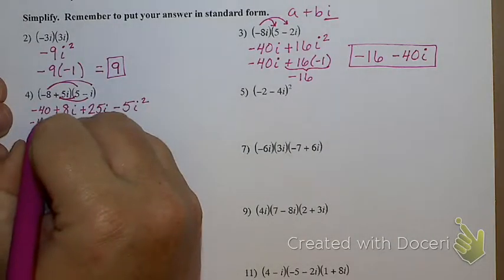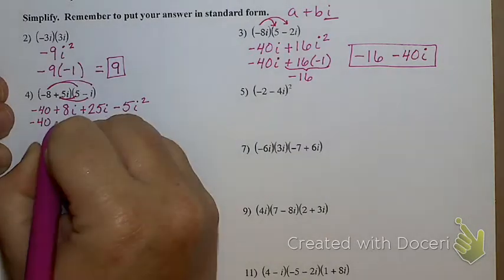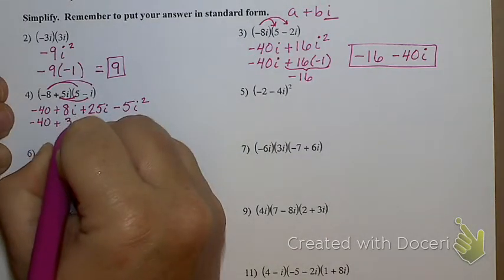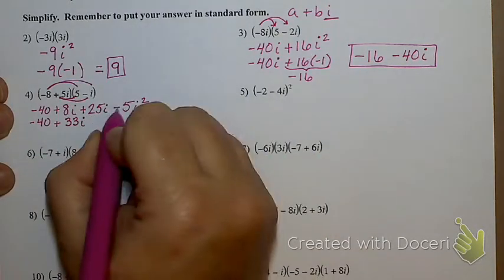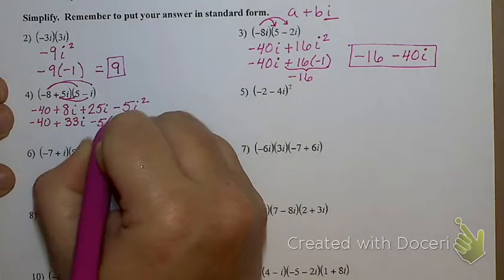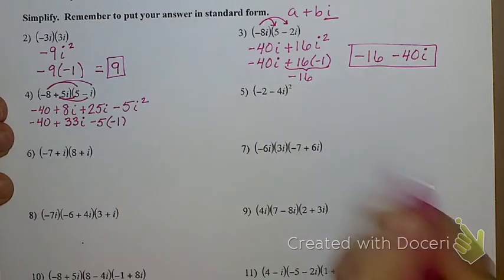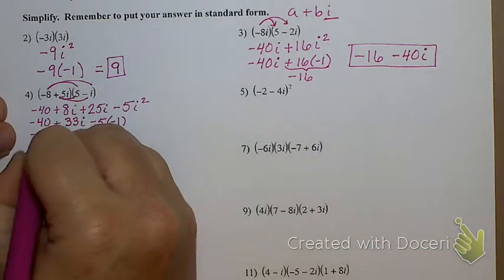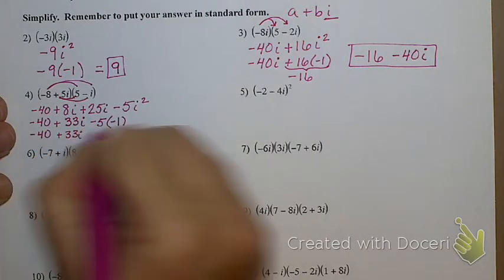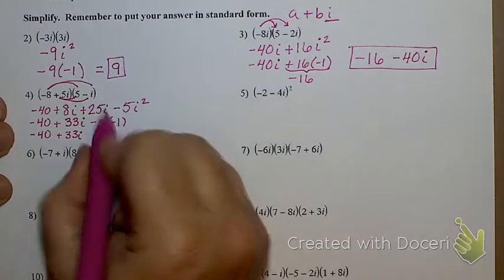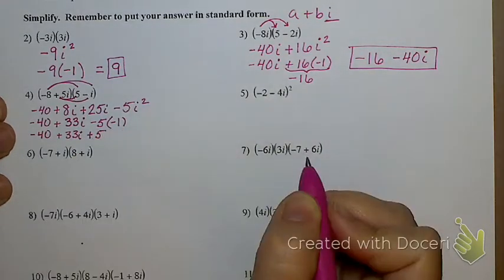So I'm going to do a couple things here. I've got to combine my like terms. What's 8i and 25i? 33i minus 5, and then instead of i squared, I put -1. So I have -40 plus 33i, and -5 times -1 is +5.